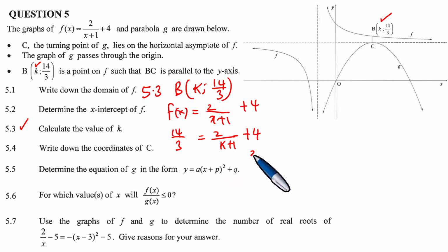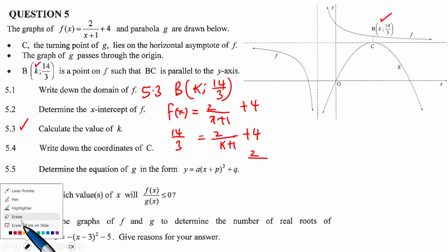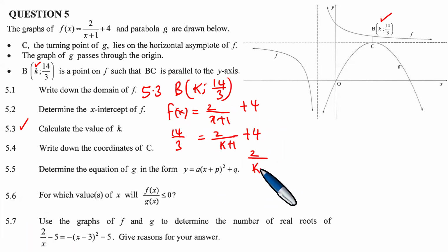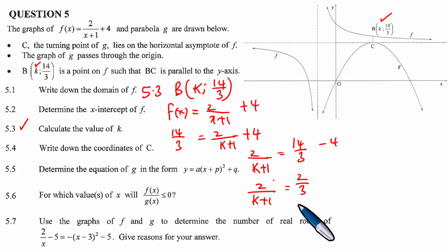Upon careful examination, we have 2 over k + 1. So you transpose the terms, and we have 14/3 - 4, and this is actually 2/(k+1). What is 14/3 minus 4? It is 2/3.